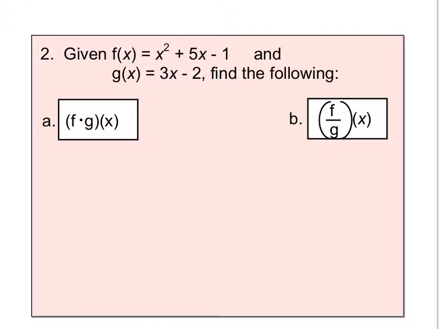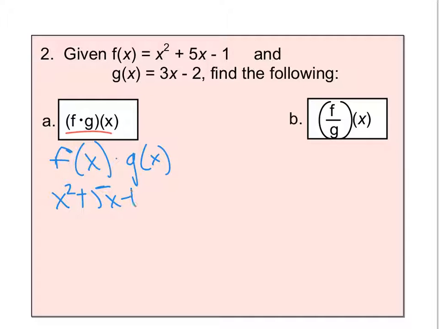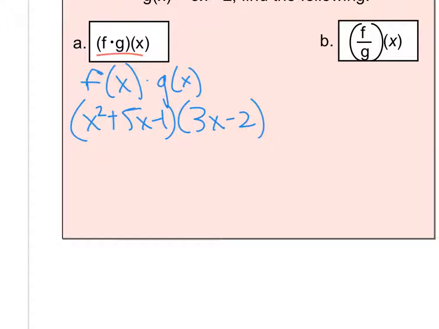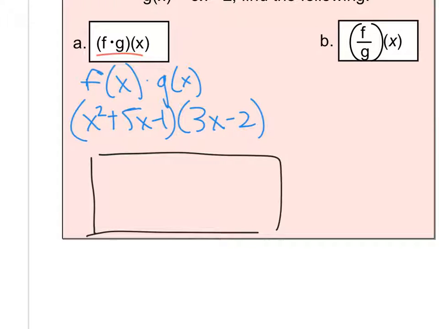So far nothing too tricky here. Now when I multiply it, this brings its own little tricks. I take f of x times g of x. So that becomes x squared plus 5x minus 1 times 3x minus 2. Now this is where if you paid attention in intermediate algebra, it really helped, because whenever I have a situation like this, I draw a box.